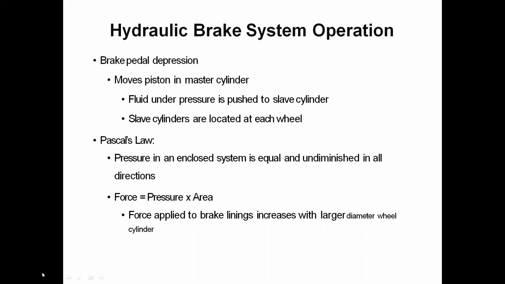There are different components. One of the main components is the brake pedal: depression moves the piston in the master cylinder. Fluid under pressure is pushed to the slave cylinder. Slave cylinders are located at each wheel. That means a hydraulic braking system is placed in the automobile vehicle.